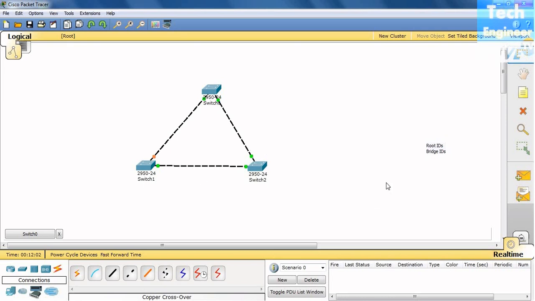Every switch has a root ID and bridge ID, and they consider themselves as root.